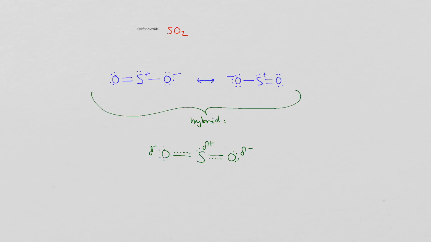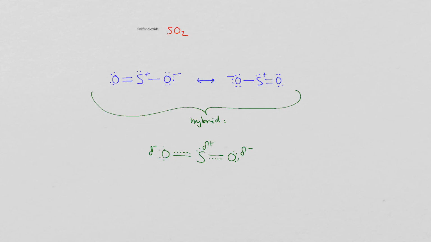So why is it a group of hybrid structures rather than one Lewis structure? This actually points a lot to electronegativity. It turns out that oxygen likes to bear negative charges more than sulfur does, and oxygen is an electron hog.